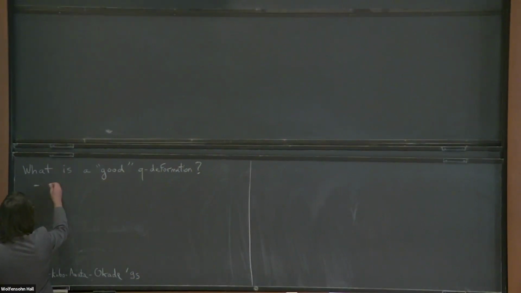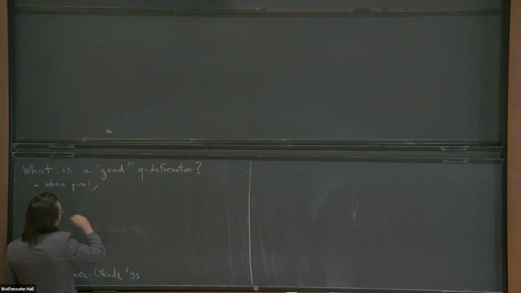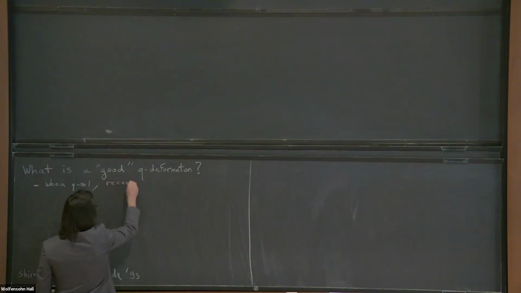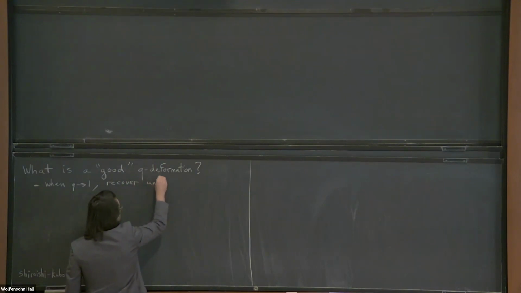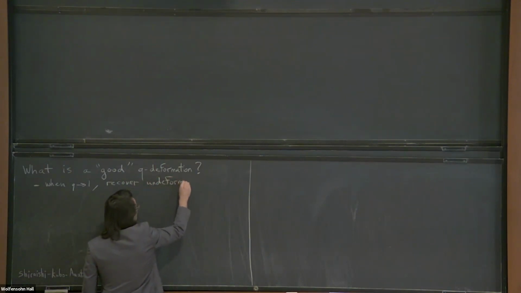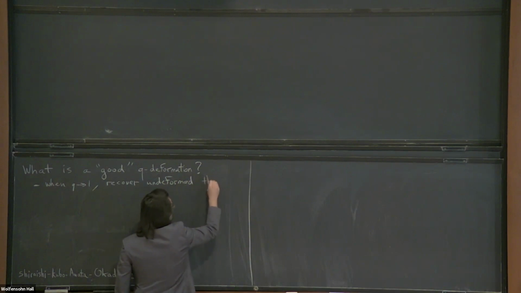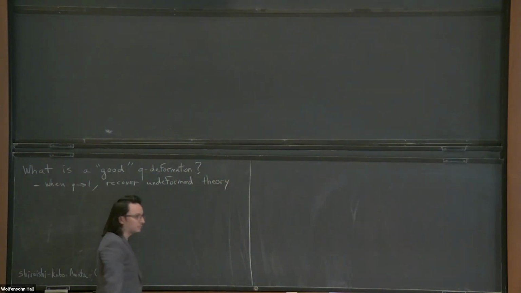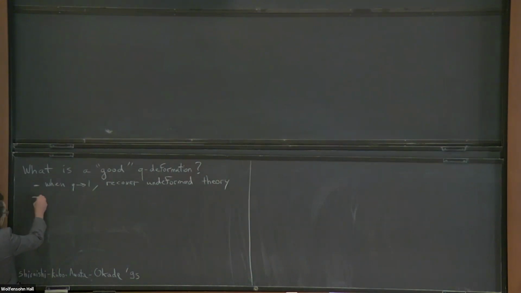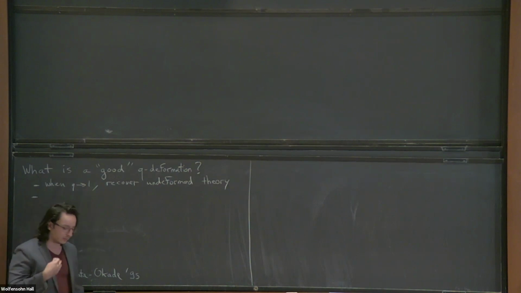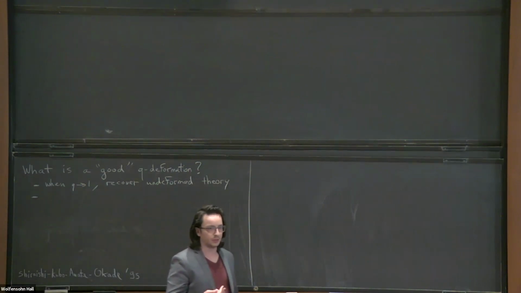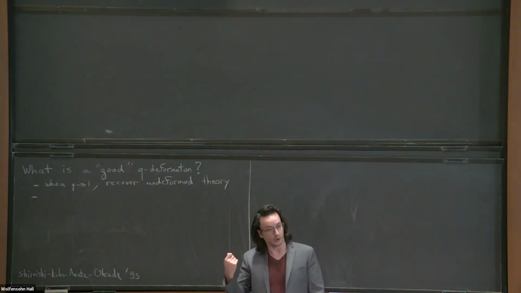One is that when you take q to 1, you should recover the undeformed theory. This seems almost like a tautology. More interestingly, and equally vague, we'd like the q-deformation to retain some of the original properties of the undeformed theory.